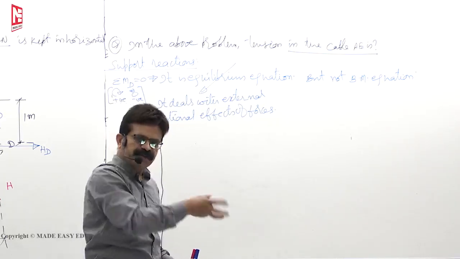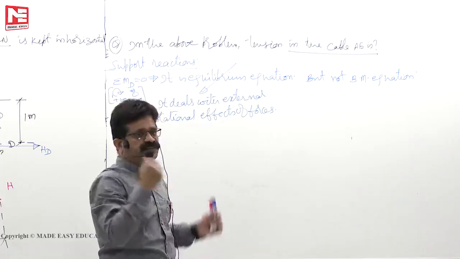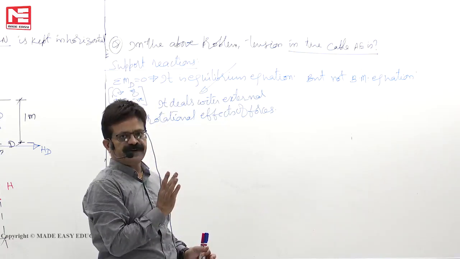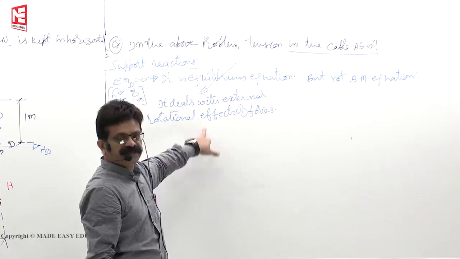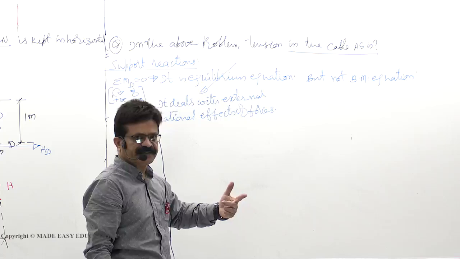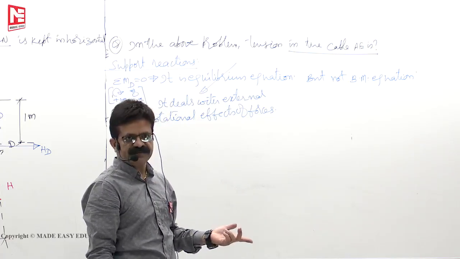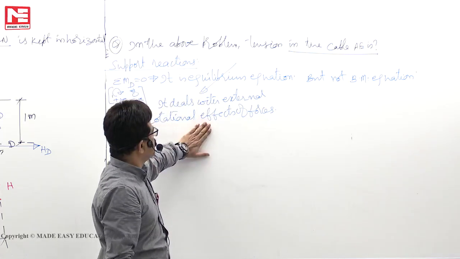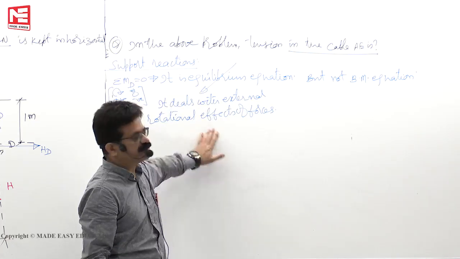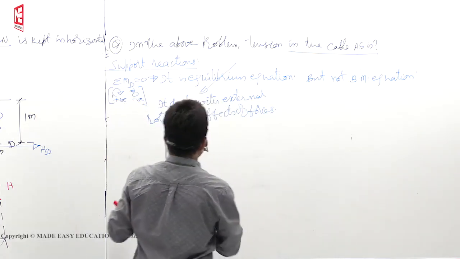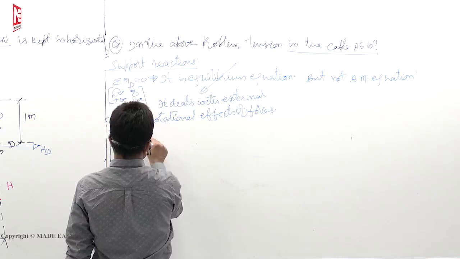If the body rotates, with what acceleration it rotates, we can find. So that is the meaning of that. If it is not in equilibrium, it will rotate. Then with what acceleration? Like that. It deals with external rotational effects of forces, the external effects of moments.